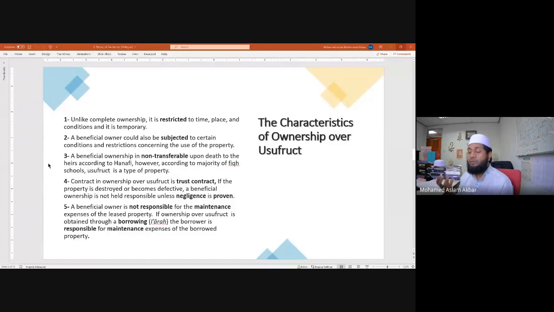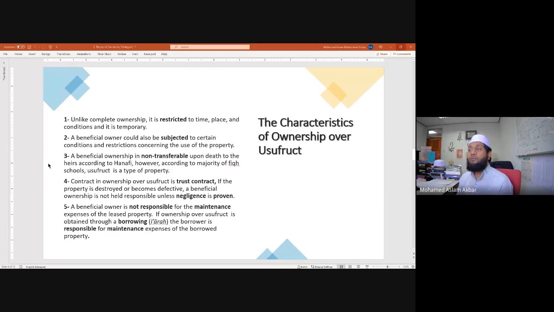As I told you just now, even if you are using a certain hall for some program, maybe you are not the owner of the hall, but you are the owner of that particular time, because you already paid for it. This is what we call usufruct, manfa'a. You become the owner of the manfa'a. So what are the characteristics of this kind of ownership?